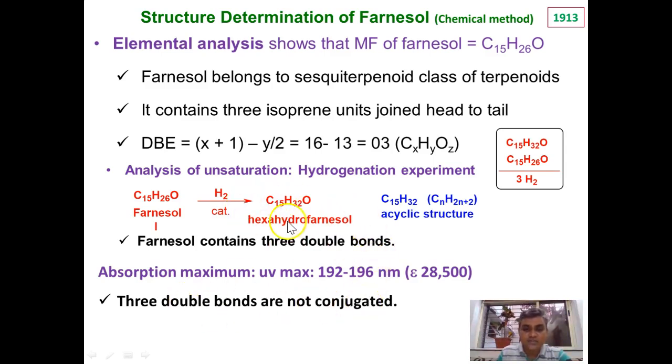Another chemical arithmetic is related to this molecular formula C15H32O. The parent hydrocarbon of this hydrogenated farnesol corresponds to C15H32, which is CnH2n plus 2, the molecular formula of an acyclic hydrocarbon, and therefore this farnesol molecule is an acyclic molecule.